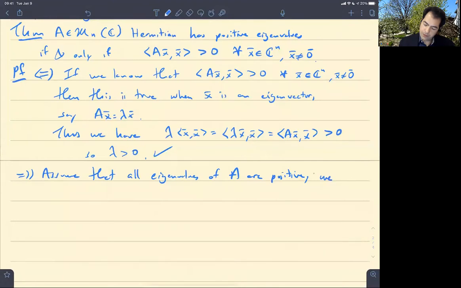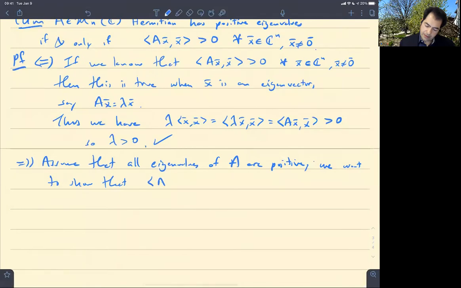We want to show that the inner product of AX with X is positive for all non-zero vectors in Cn. Okay, great. So the reason why this is easy now is because we have the spectral theorem.